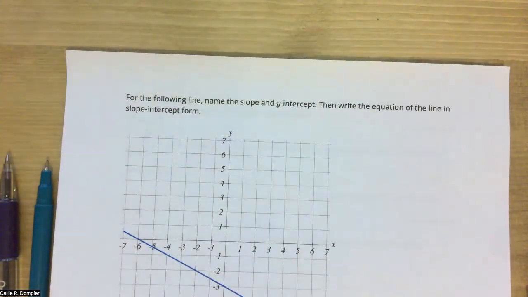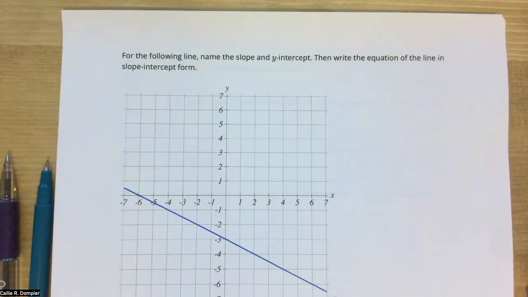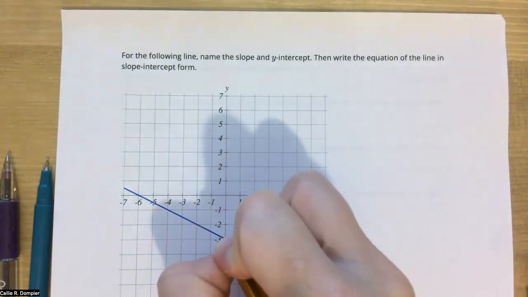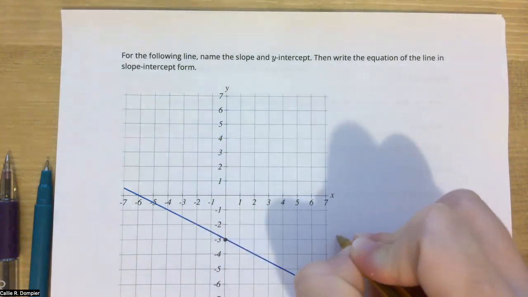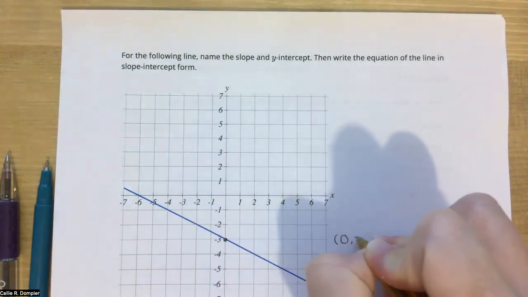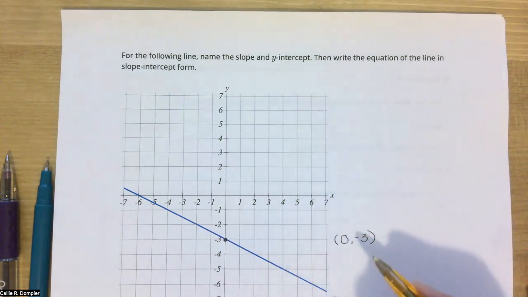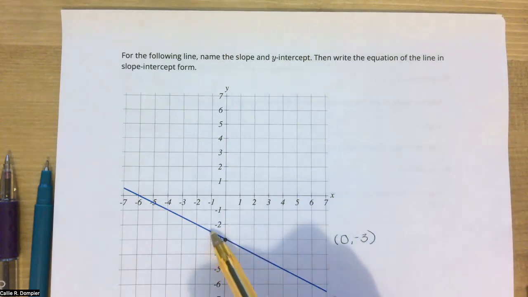All right, for the following line, name the slope and y-intercept and write an equation of the line in slope-intercept form. Find 2 points that look like whole numbers. This one looks like the point 0, -3. So 0 and -3 are both whole numbers, okay? I'm not going to pick where it's crossing -1x because it's not a good point for y, right? The y would be like -2.5.